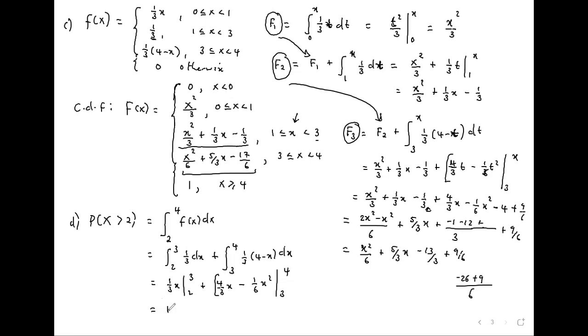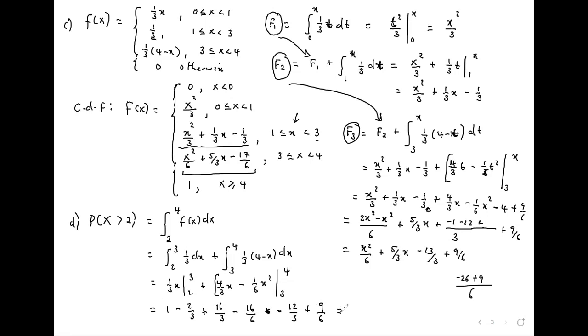So 3 there, 1 minus 2 over 3 plus 4 there, 16 over 3 minus 16 over 6 plus minus 12 over 3 plus 9 over 6. So this should do it now, okay?